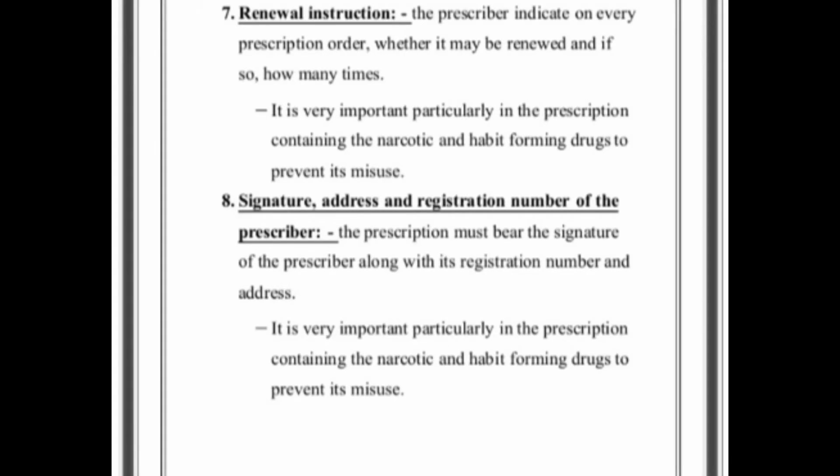And next one is the signature, address and registration number of the prescriber. The prescription must bear the signature of the prescriber along with the registration number and address. It is very important in prescriptions containing narcotic and habit forming drugs to prevent misuse.